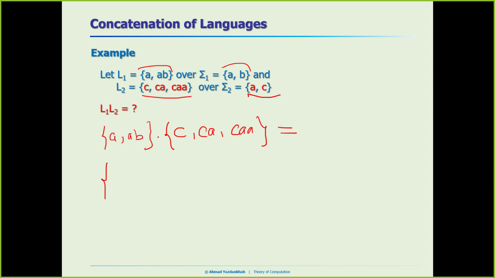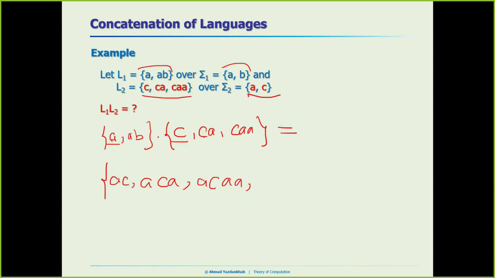It means that X is coming from here and Y is coming from here. So it will be concatenation between A and CA, A and CAA, and so forth, yeah?